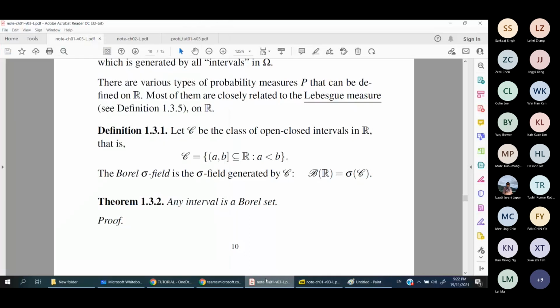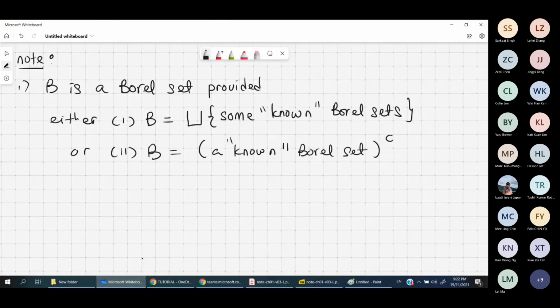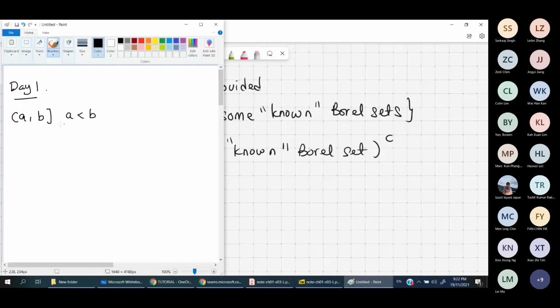Next we can look at question 5 now. Let's proceed to question 5. So what we can do is take (negative infinity, b]. The question is, can you write this one as a union of some known Borel sets? Now we know everything like this is a Borel set.